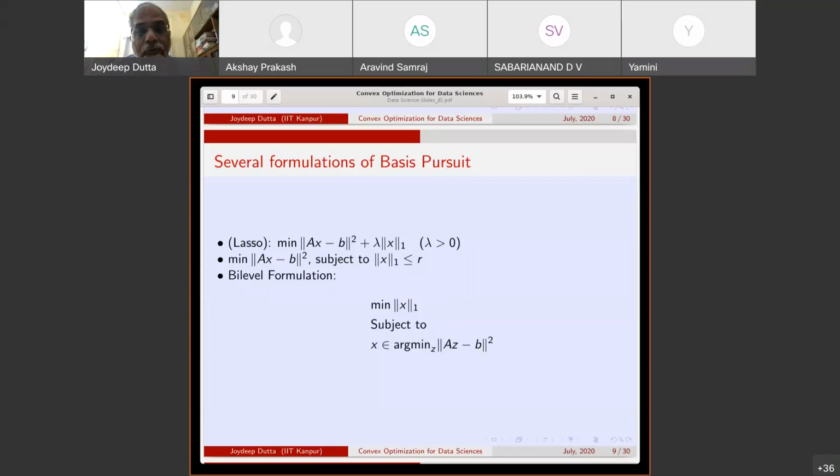You minimize the L1 norm function, subject to the fact that x is actually a minimizer of the least squares problem. Interestingly, we know that this is non-smooth, but this non-smoothness will not affect the solution of the problem. We'll show what we did in that direction, but I hope I'll have time, because that is too much of a discussion.